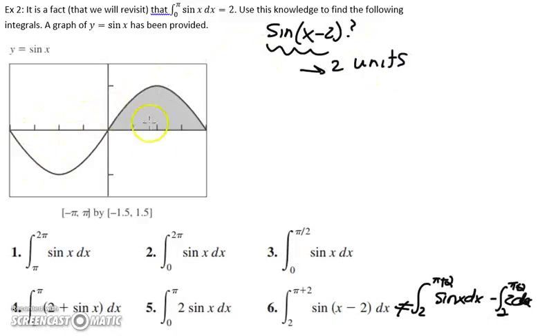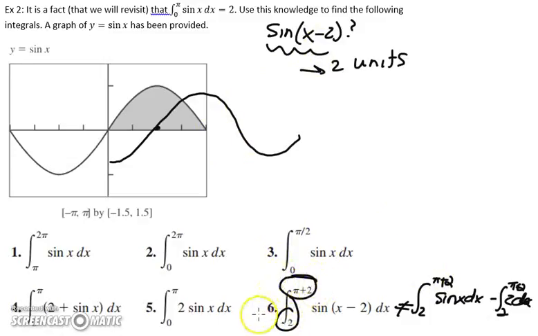It's going to have the same exact looking graph, except it's going to be shifted over 2. So really, you're intersecting the axis here. So you're looking like this. Then we've got to think, what do this 2 and this pi plus 2 do when compared to our original problem up here? Well, 2 is 2 units to the right of 0.